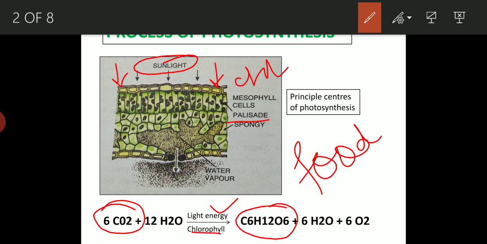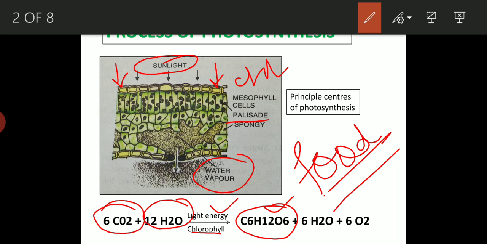And who provided this carbon dioxide? We human beings provide carbon dioxide to plants, right? And water vapor: roots absorb water from the soil. So all these elements, carbon dioxide, water, light energy, and chlorophyll, finally give rise to food, that is the glucose, C6H12O6.